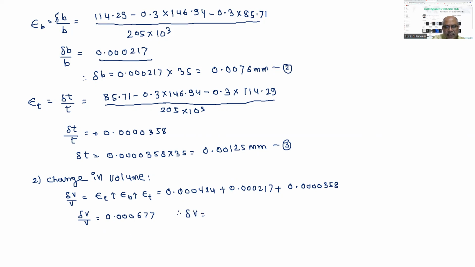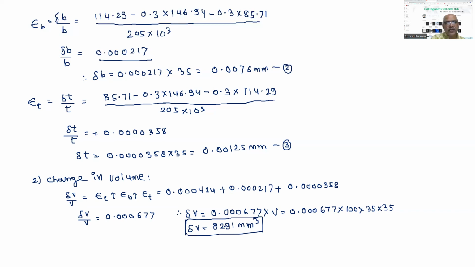Therefore delta V is equal to 0.000677 into the volume, 100 into 35 into 35. And from this we will get delta V equal to 82.91 millimeter cube, and the value is plus, so it is an increase in the volume. So likewise we have to solve the problem.